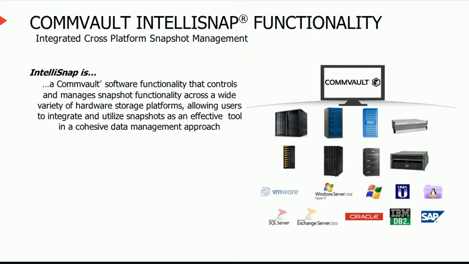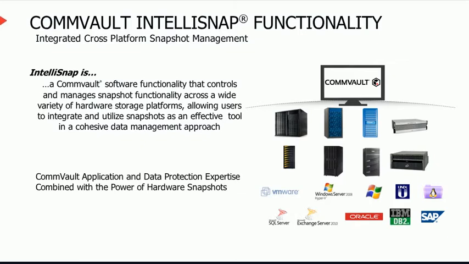IntelliSnap integrates with a wide variety of hardware storage arrays and leverages the APIs for the arrays in order to manage and control the snapshot process. By combining CommVault's deep experience with application and data protection with the power of hardware snapshots, customers are able to leverage snapshots in a much more effective manner.